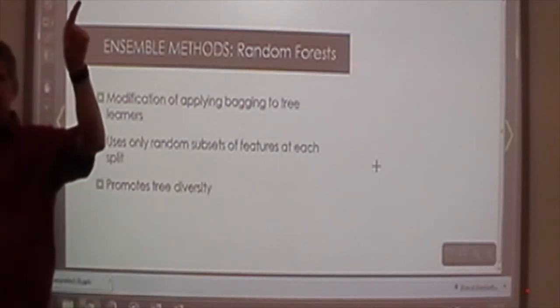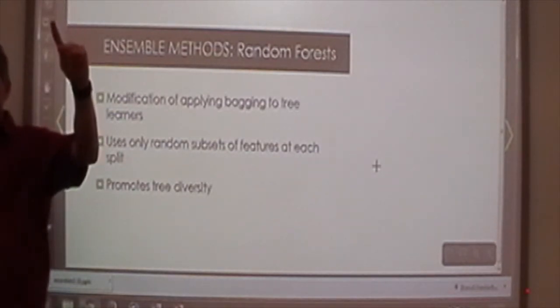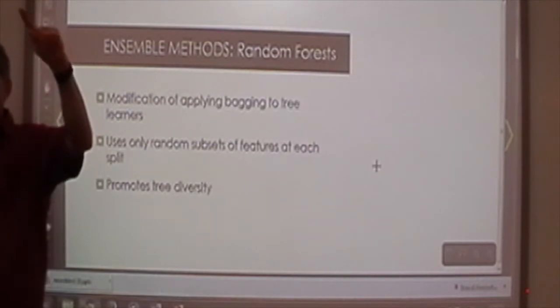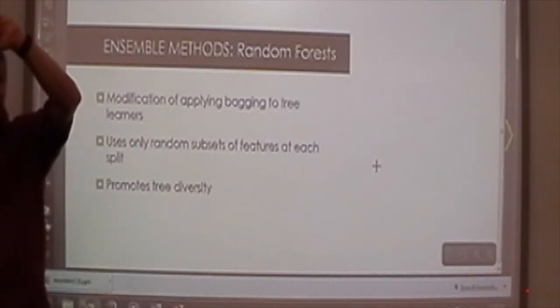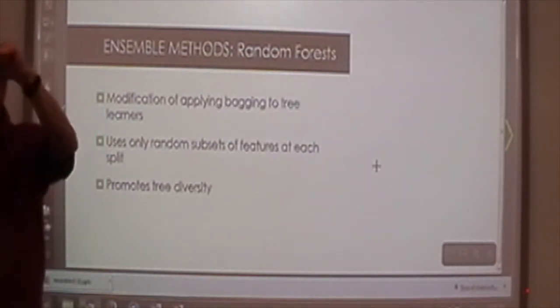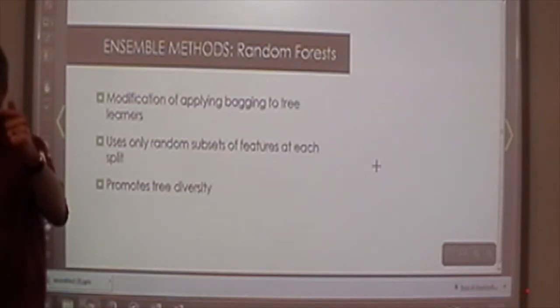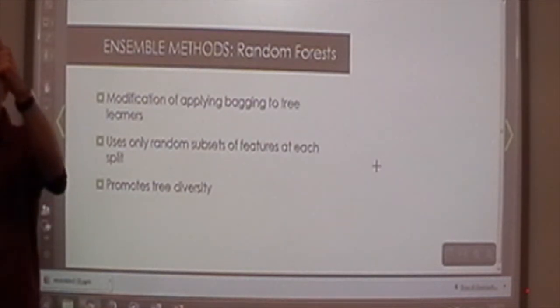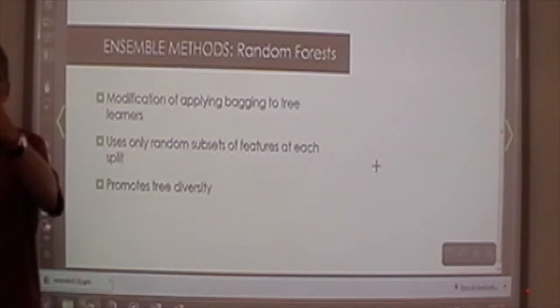If you recall decision trees, what did we do for the first split? We split along the attribute that provided us with the most information gain, right, at the very first step.